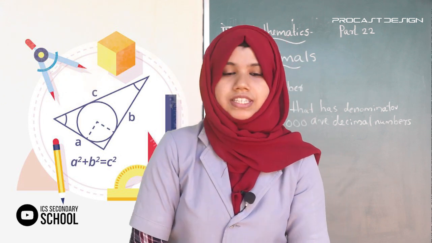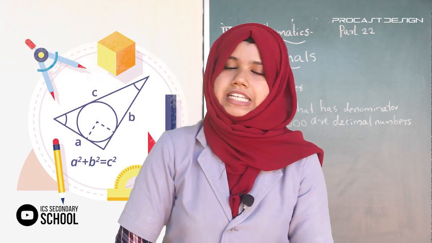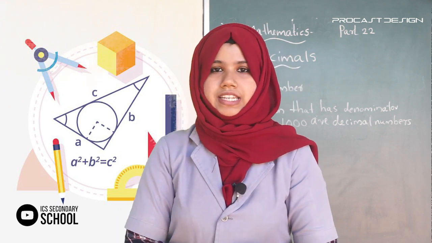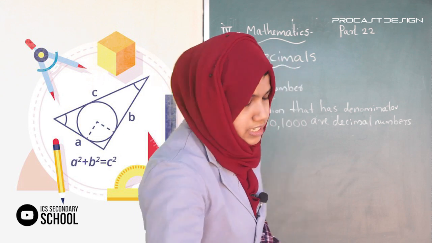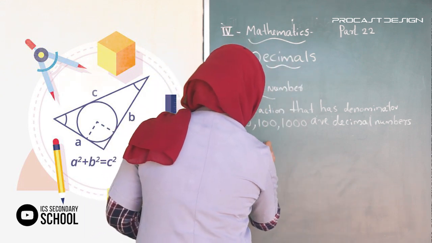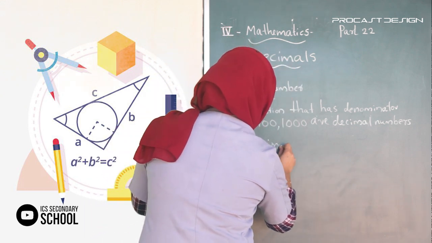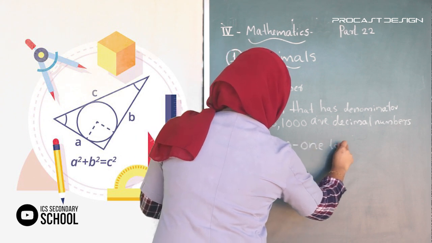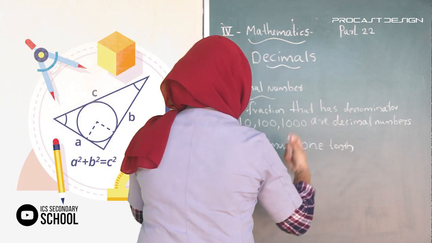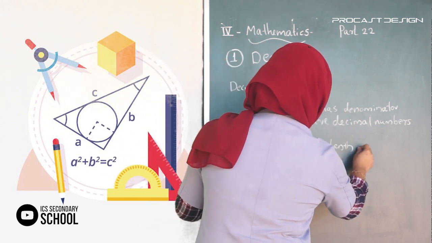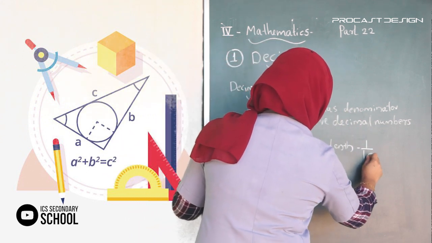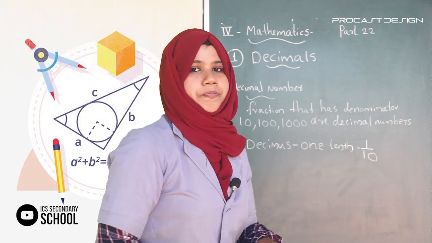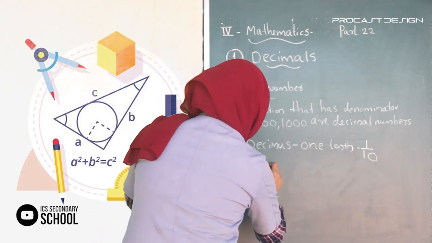The word decimal comes from the Latin word decimus. It means 1/10. Okay, I will show you here.